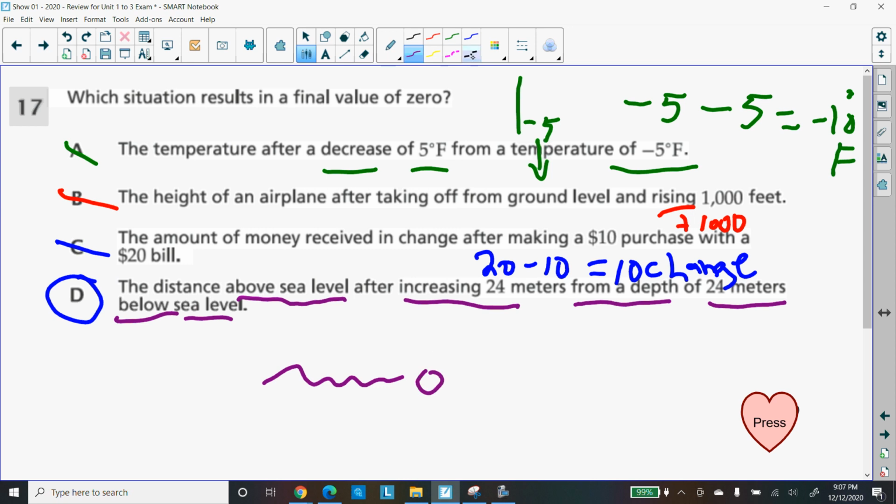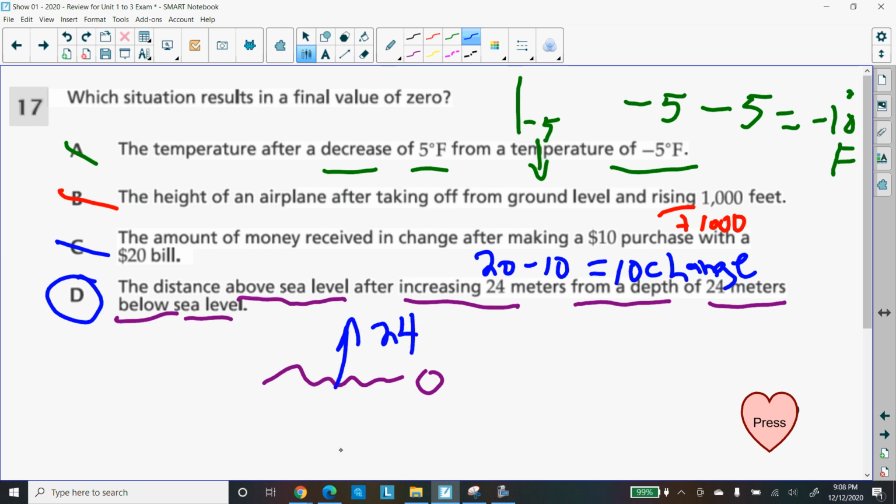There's the sea, so there's your 0. So it increased. Maybe it's like a submarine or something, and it went up 24.